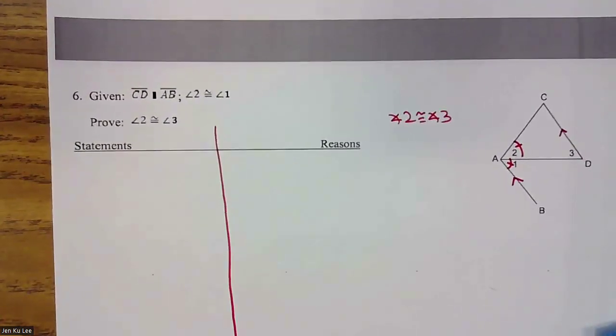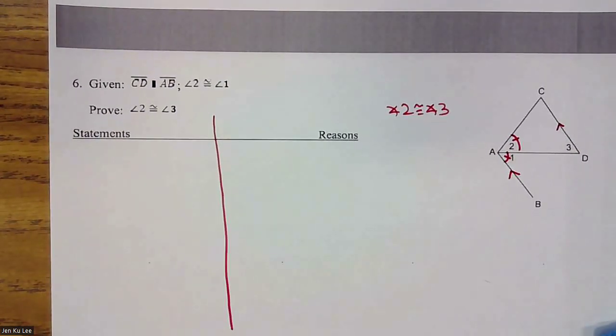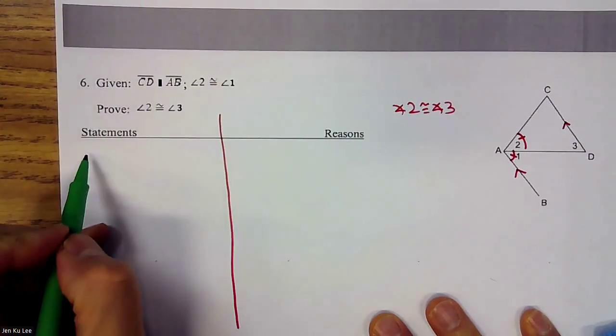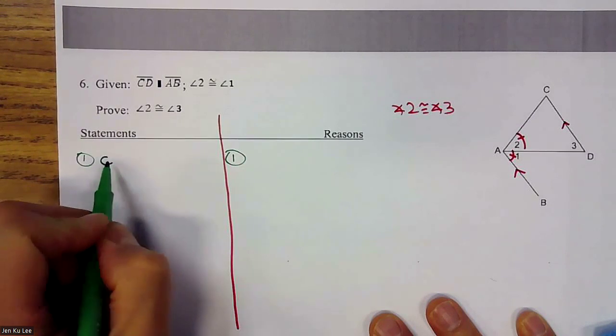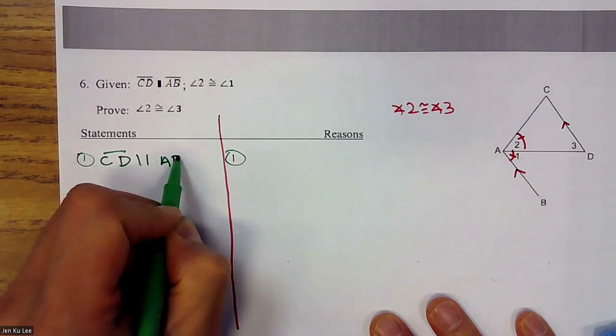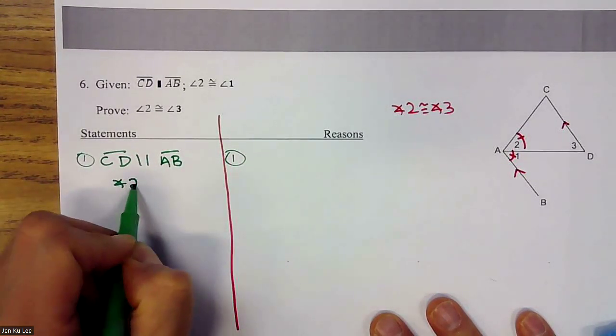Okay, if you are given a blank proof like this, your first step is always going to be the given.